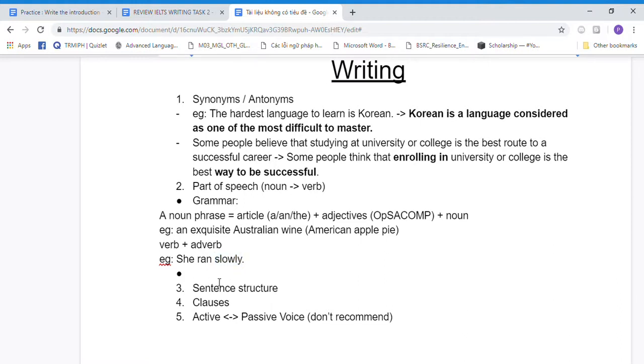So let's move on to the process of changing from noun to verb in a sentence. For example, paraphrasing examples.